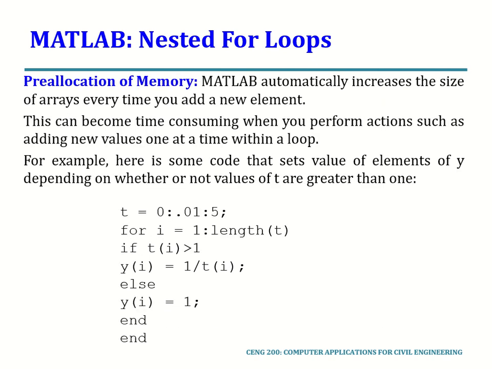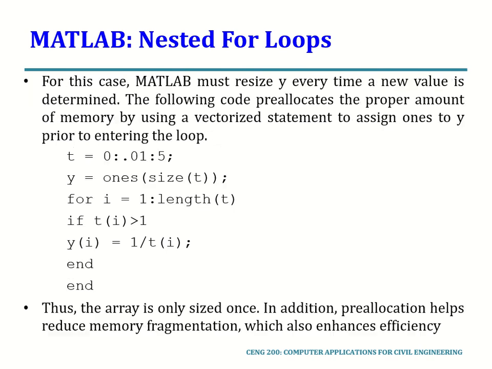If t is more than 1, what should it do? If t is less than 1, what should it do? But because in the second condition I want y to be 1 and it's already 1 here, if t is greater than 1, change y, otherwise don't do anything. Simple.